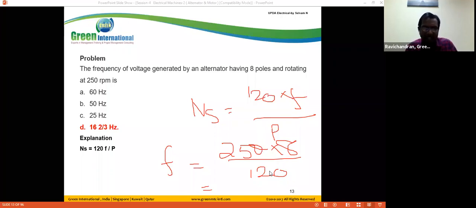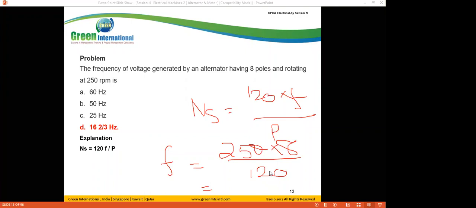If you have a calculator, just inform us, use that system calculator, because in the exam they don't allow a calculator. It is equivalent to 16 into 2 by 3, which is 16.67 Hertz.